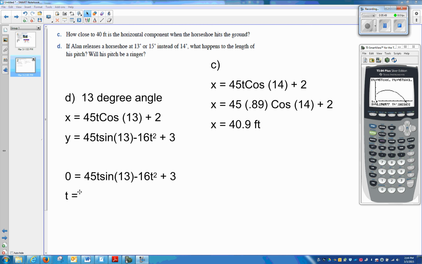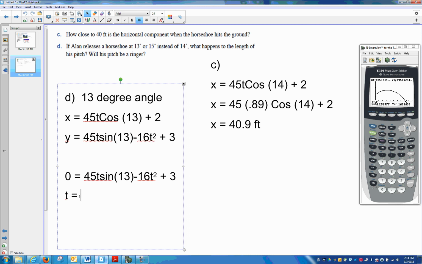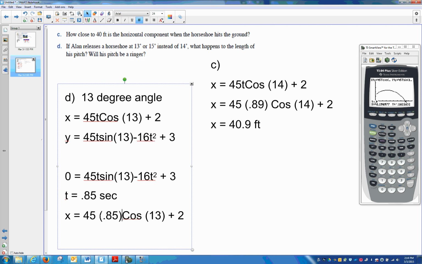Solving, t comes out to be two solutions. t is a negative 0.22, which doesn't make sense, or t comes out to be 85 hundredths of a second. So now I take that 85 hundredths of a second and get back into this equation for t, and x comes out to be about 39.27 feet.